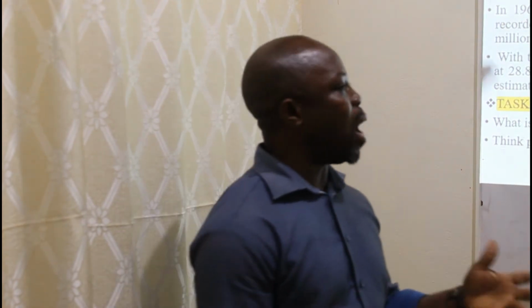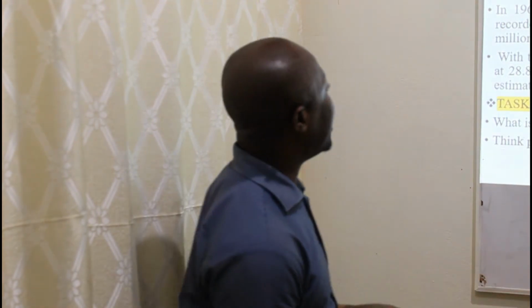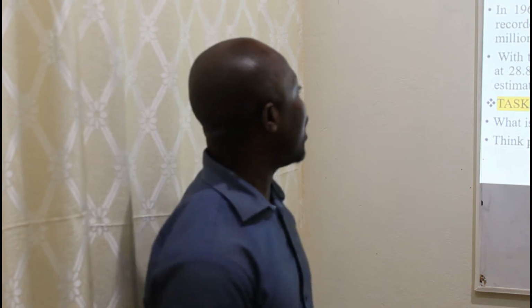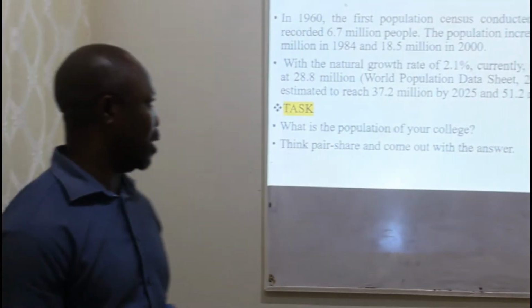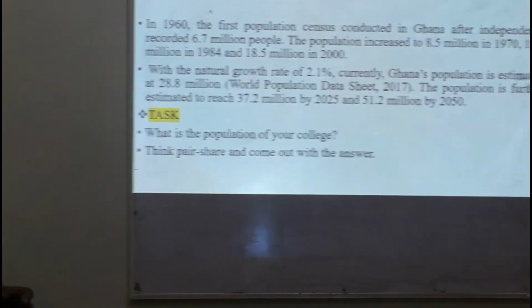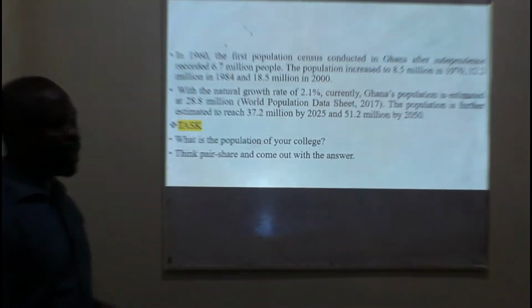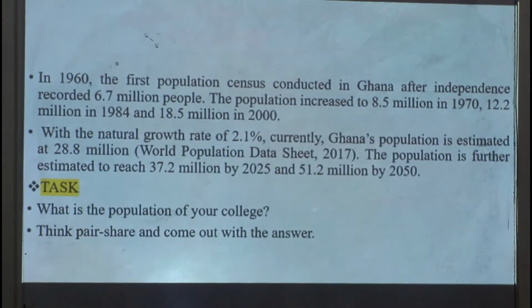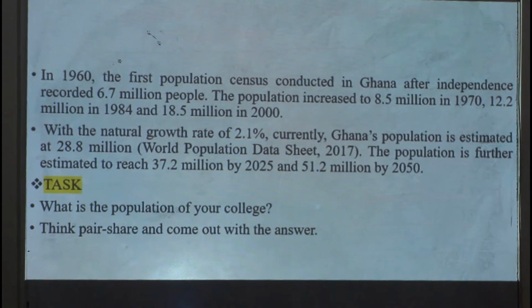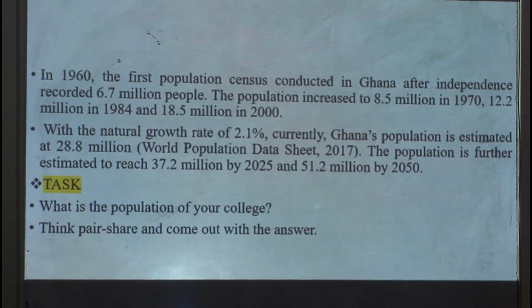Now let me give you a background to the population of Ghana. As of 1960, the population of Ghana was 6.7 million. It increased to 8.5 million in 1970, and in 1984, the population of Ghana was estimated at 12.2 million. The population rose to 18.5 million in 2020.